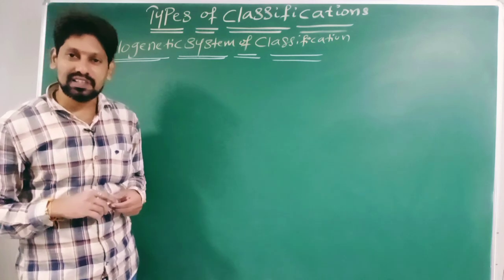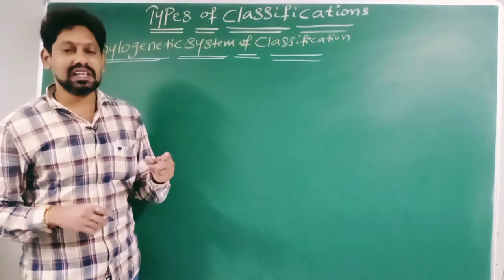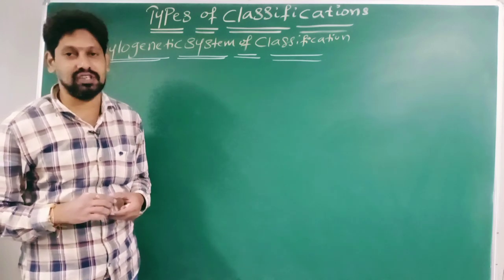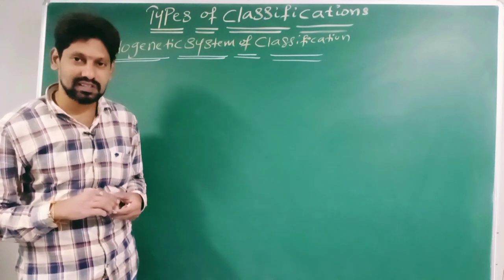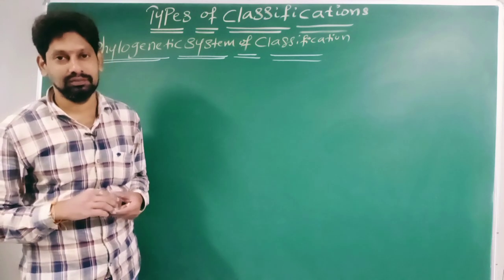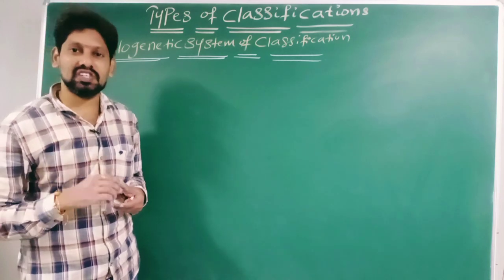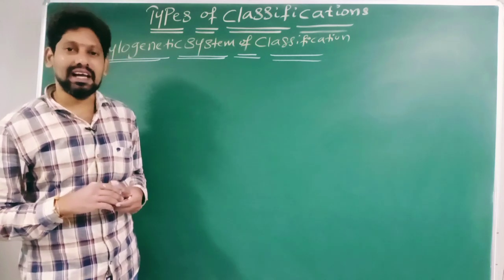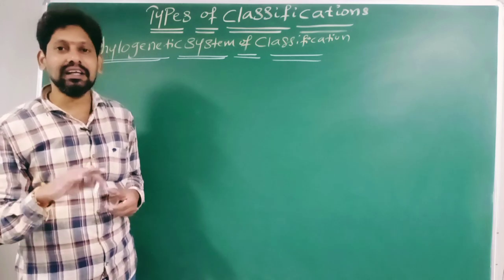Artificial system of classification and natural system of classification. These classifications were proposed before publication of Origin of Species by Charles Darwin. So artificial and natural systems are called pre-Darwinian.